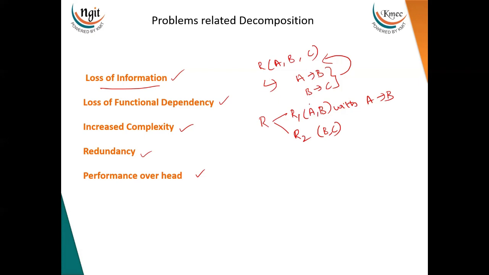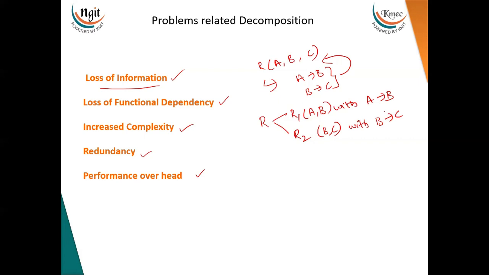A and B attributes. So from among the functional dependencies already defined for the original relation, you can say that A tends to B is a functional dependency which can be given for this relation R1 as it contains attributes A and B. Similarly, we have another relation, R2, with the attributes B and C. So it can contain the functional dependency B tends to C. Now what happens?